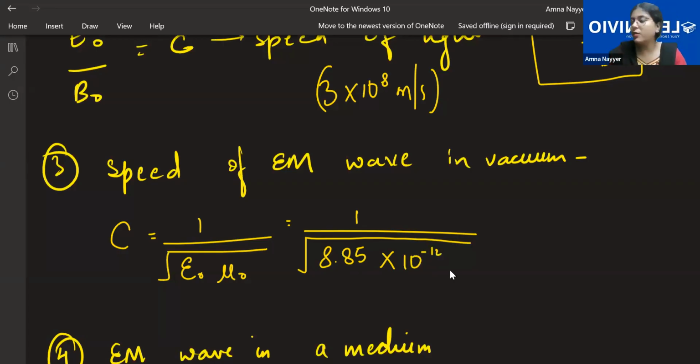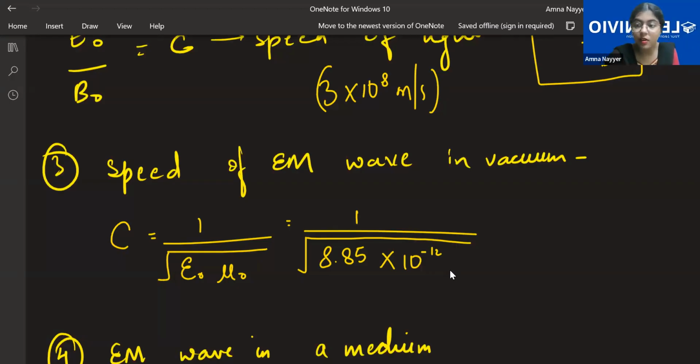Just tell me, how did you attempt that revision test? Did you do that honestly? Yes, ma'am. I keep forgetting this value. Whichever values you're forgetting, just jot them down on paper.